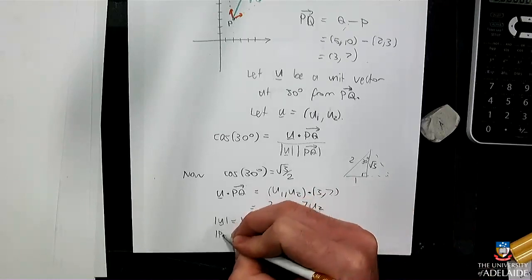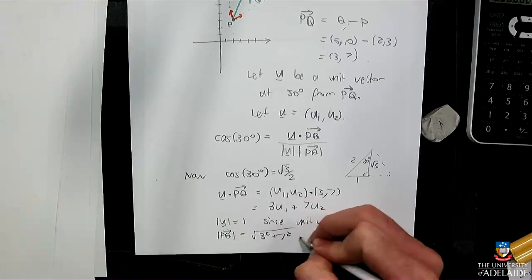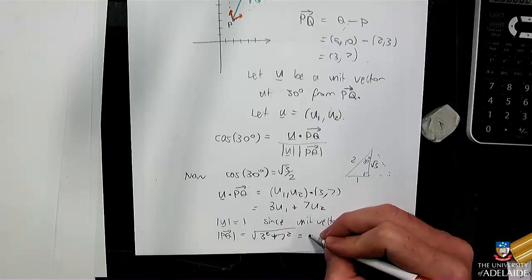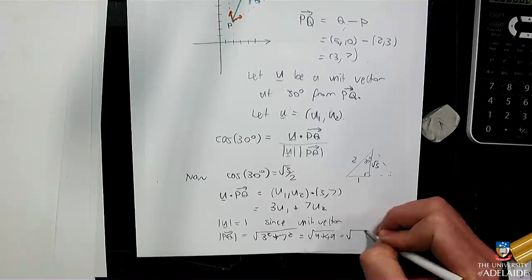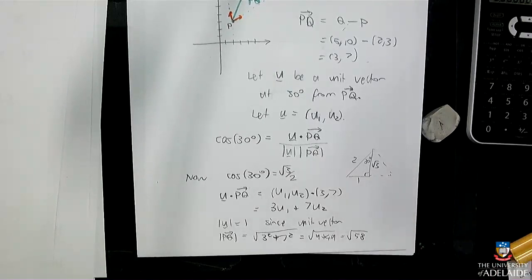And the length of PQ is the square root of 3 squared plus 7 squared, 9 plus 49, which is the square root of 58. Actually, 58 is a multiple of 4, isn't it? No, it's not. Because 50 isn't and 8 is, so that's not going to work. Okay.